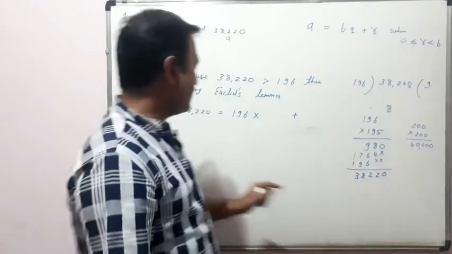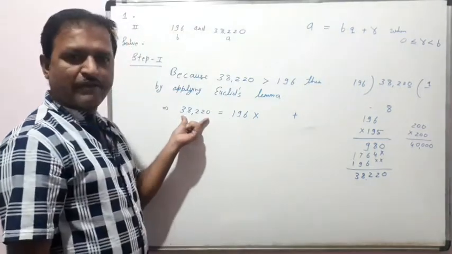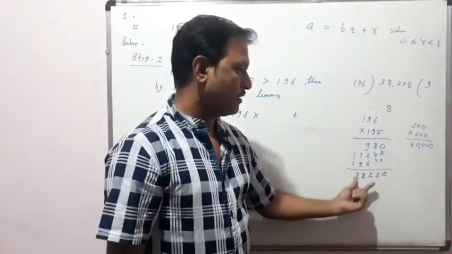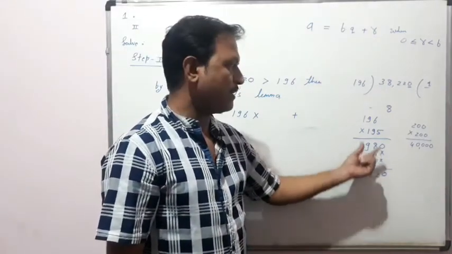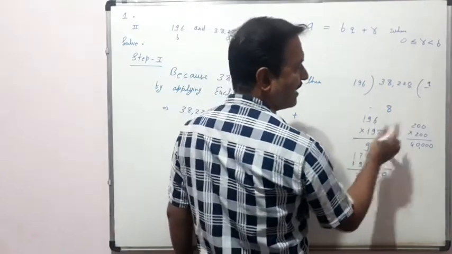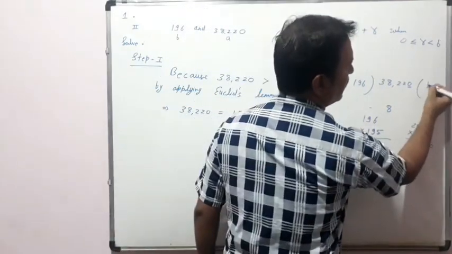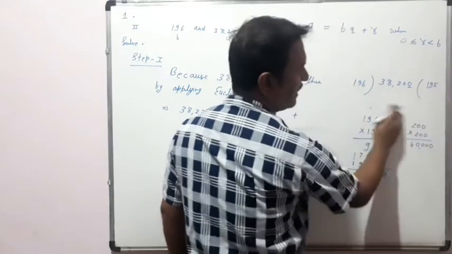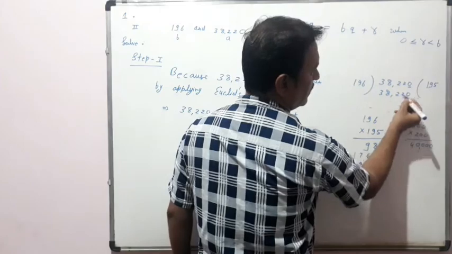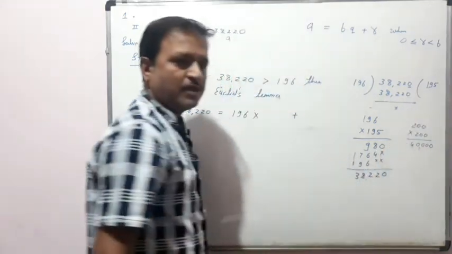38,220 we get. That means the given number is this much only. We get 38,220 by multiplying 196 by 195. So your quotient will be what? 195. We are getting the same number, so the remainder will be what? 0.